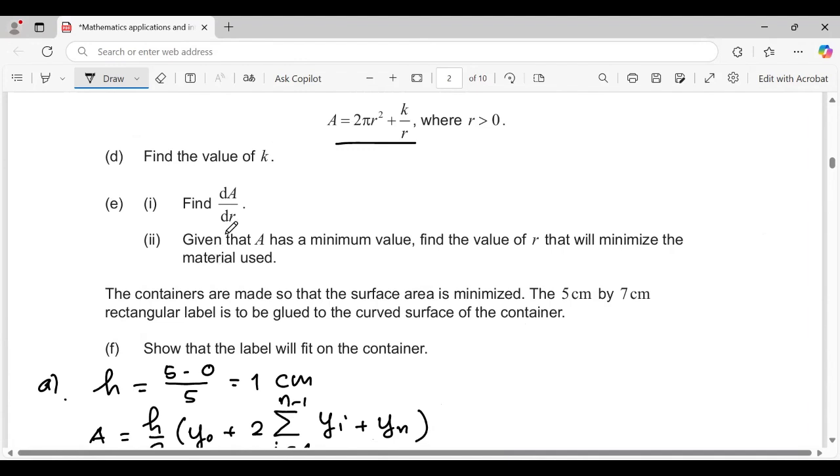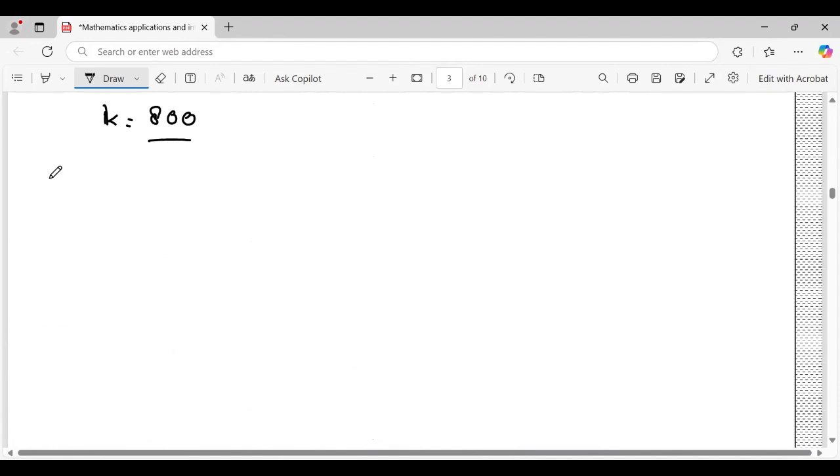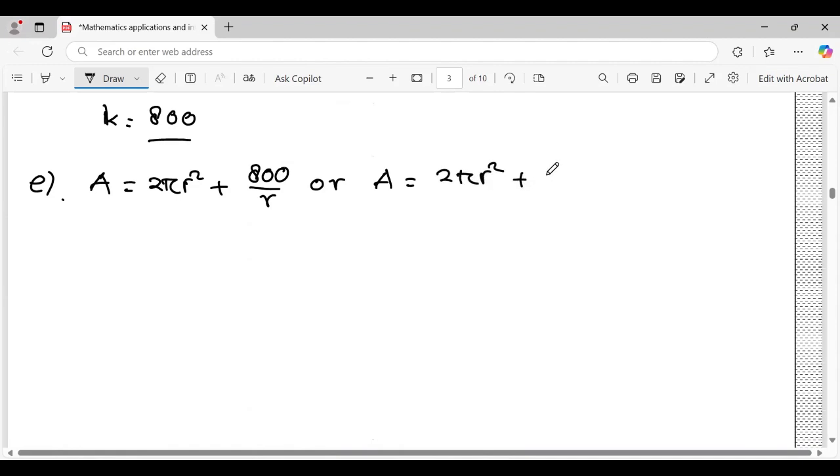Part E. Find the R given that A has a minimum value. Find the value of R that will minimize the material used. E. The total external surface area formula A equals 2 pi R squared plus 800 over R, or A equals 2 pi R squared plus 800 R to the power minus 1.